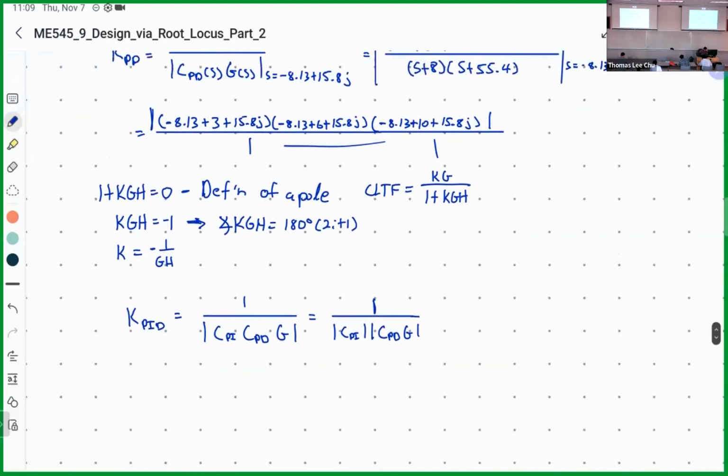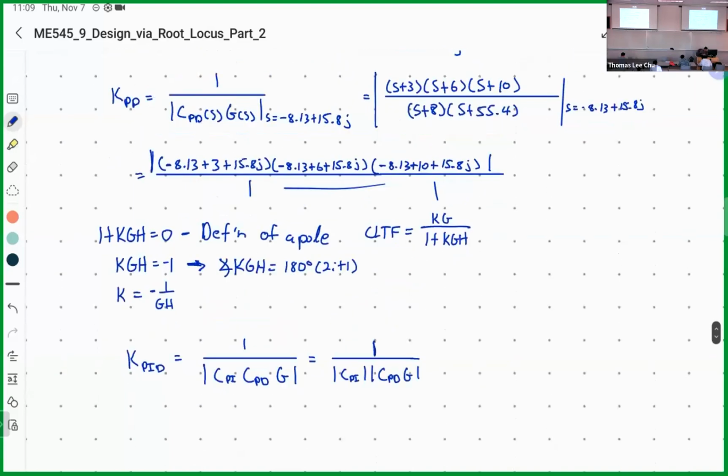And based off of the definition above, highlighted here, this is the same as this: KPD divided by CPI. We good so far?